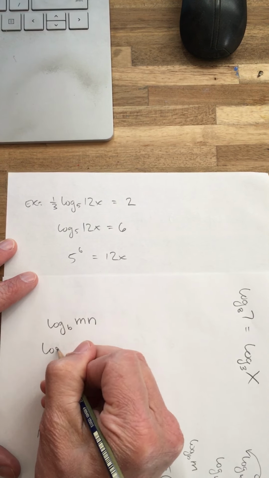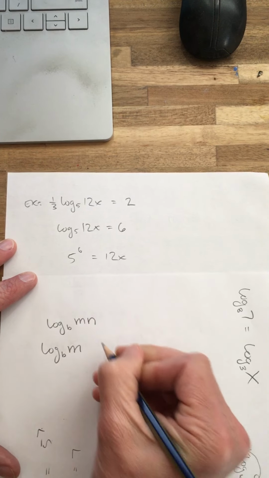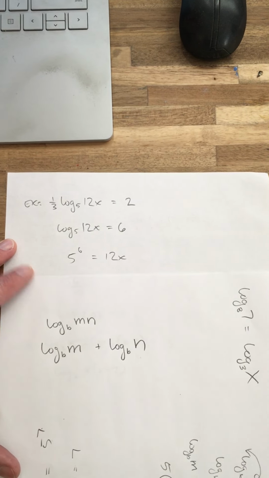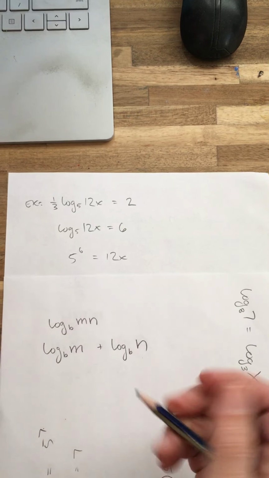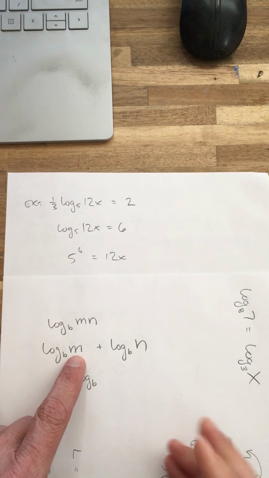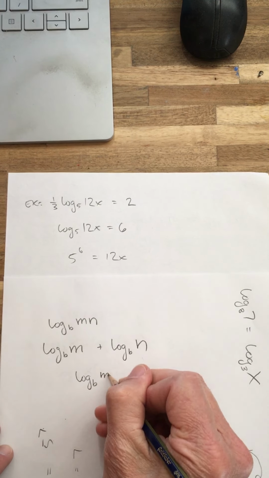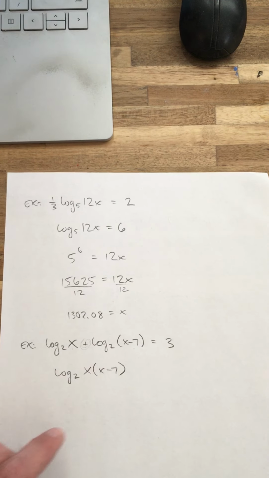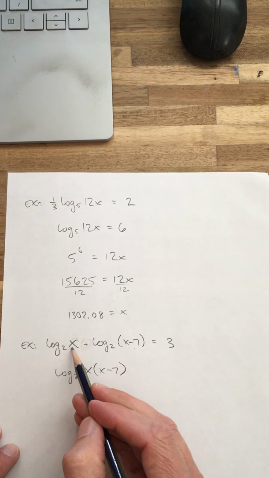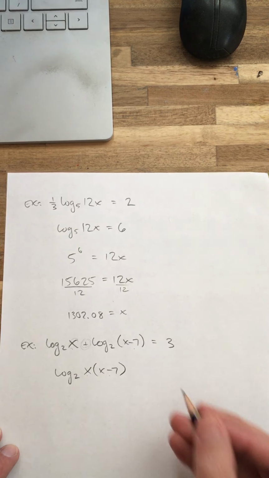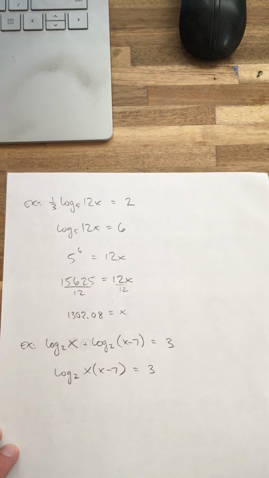Wouldn't that turn into the log base b of m plus the log base b of n? So if I'm condensing them into 1, it goes backwards. It's the log base b, just one of them, and then it's the m times the n. We're doing the same thing here. This is like the m, and this is like the n. So it's this times this. And then that equals 3.